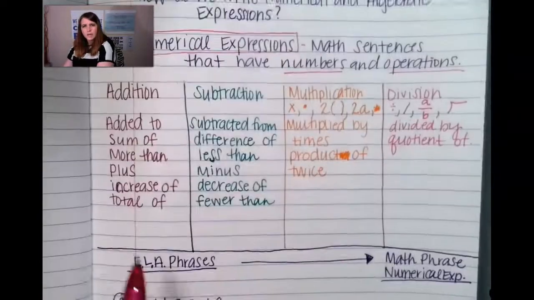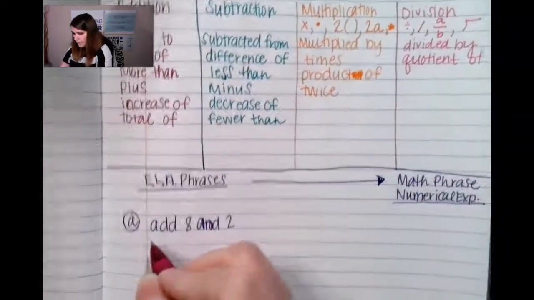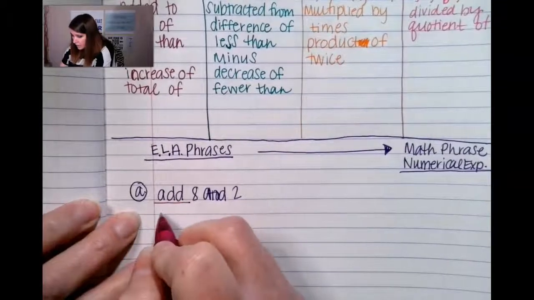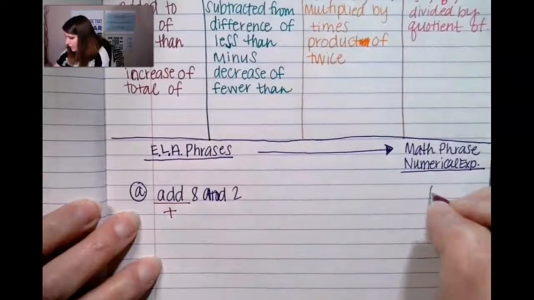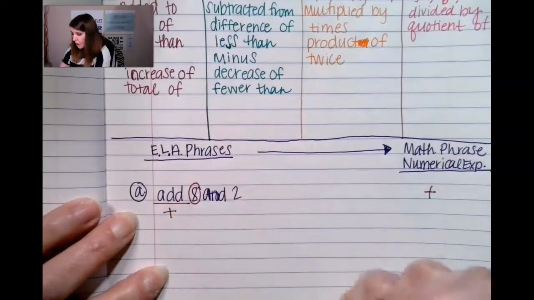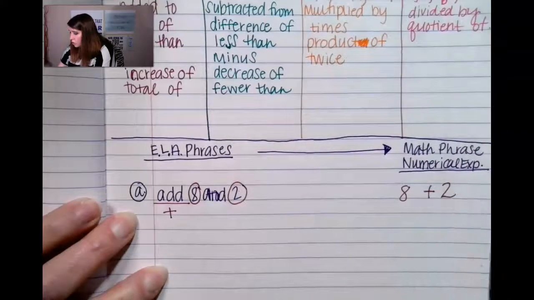Well, I know when I look up here, the word add is under addition. So my clue word here is add. So I know that I need an addition sign. And the 2 things I'm adding are 8 and 2.